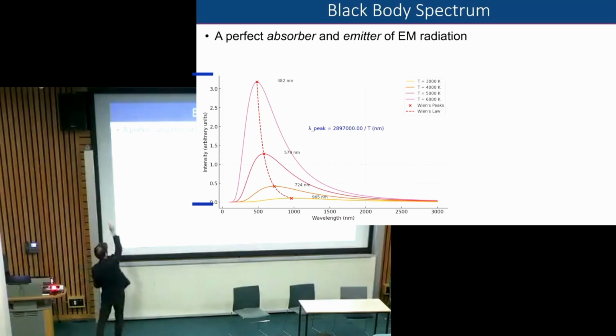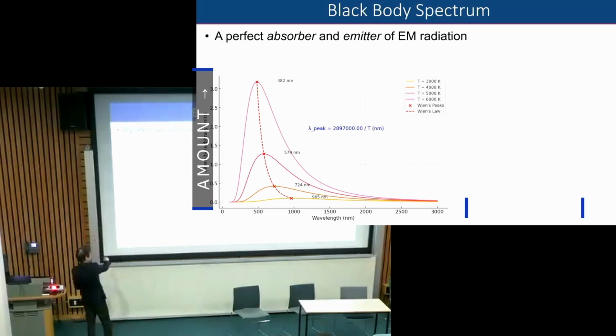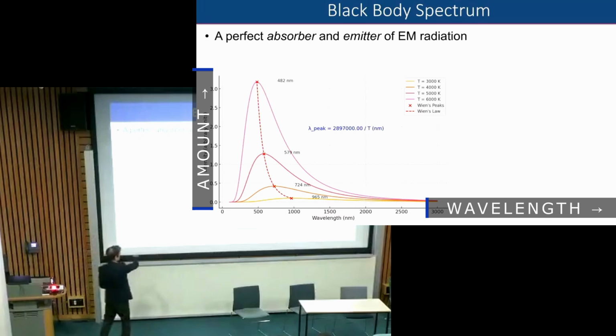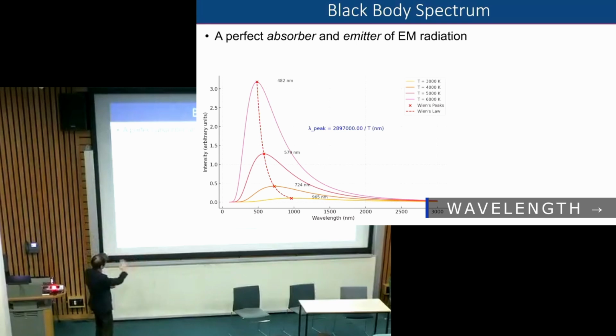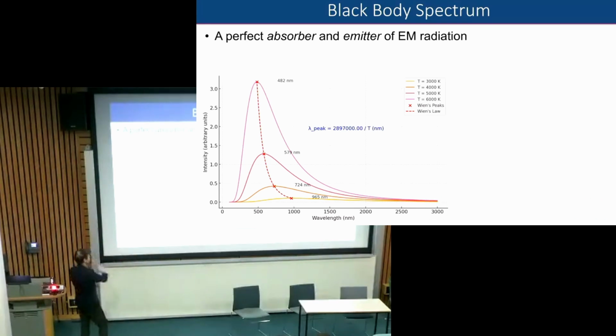Okay? So this is the amount of radiation on the y-axis, and then we pick a particular wavelength and we see how much of that wavelength is being emitted from the object. And the observation is that peak wavelength drops as you increase temperature.